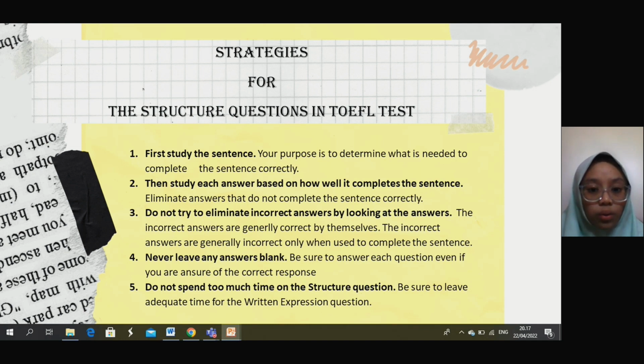As you know, the structure question and written question are 25 minutes for 40 questions. So far, we have looked at strategies for the structure question in the TOEFL test. Now, I'd like to explain the structure skills from skill 7 to skill 10.